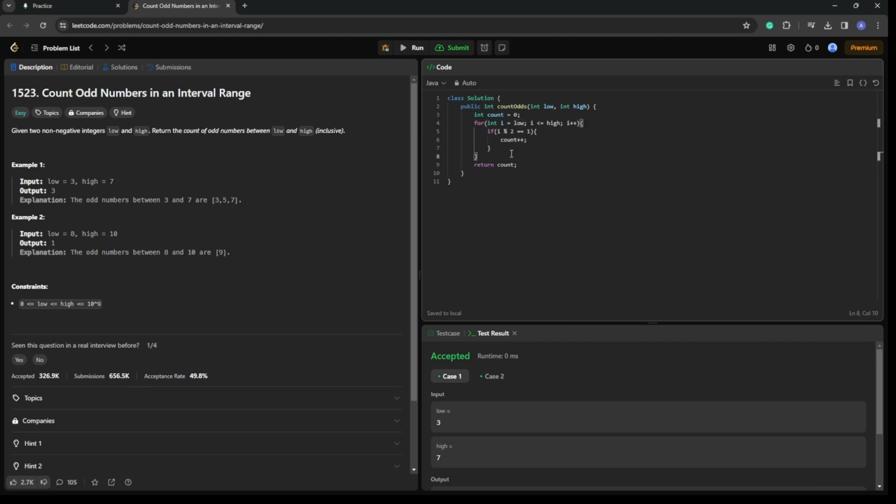Okay, so we have two values, right? We have 7 and 3. We do 7 minus 3, we get 4.